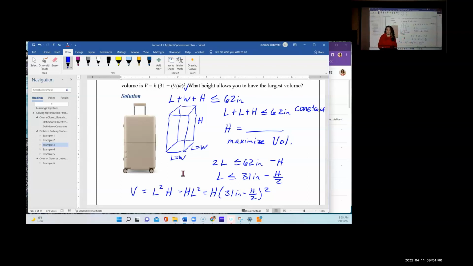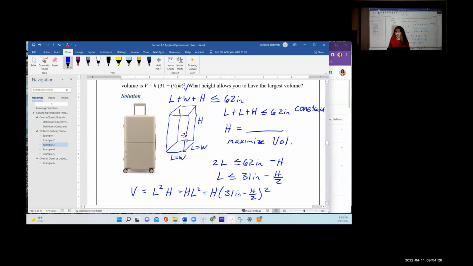Well, that means solve it as a critical value, so finding the critical points of the first derivative and then locating where the extrema are.